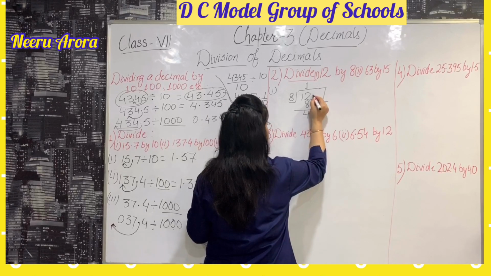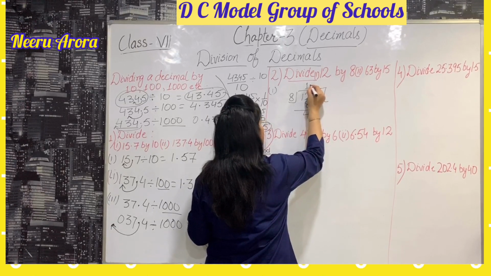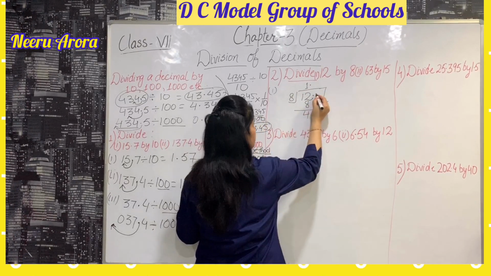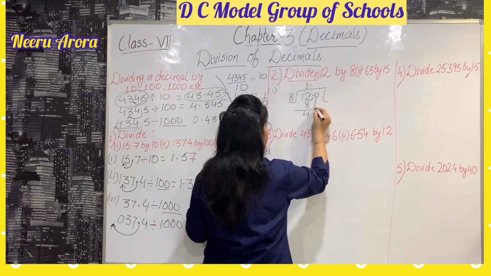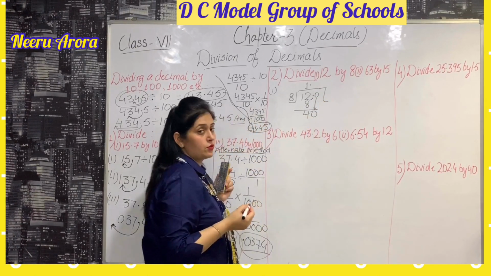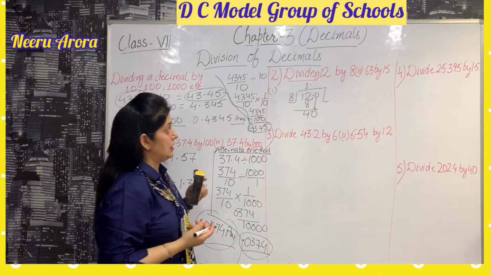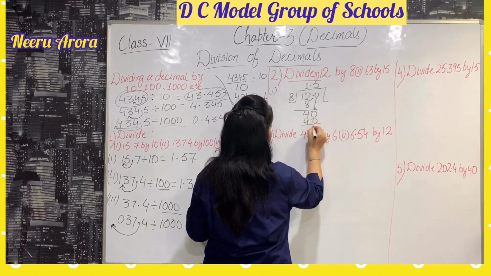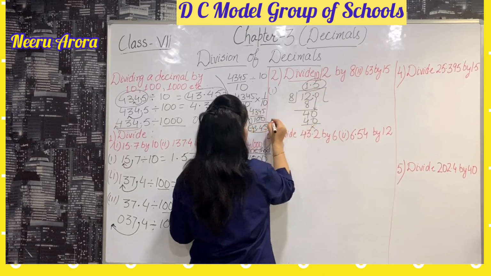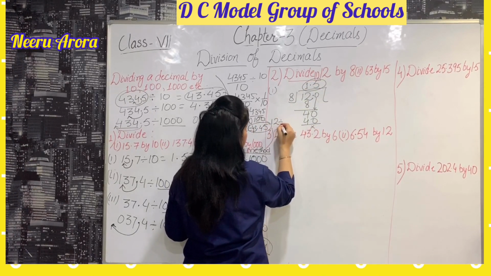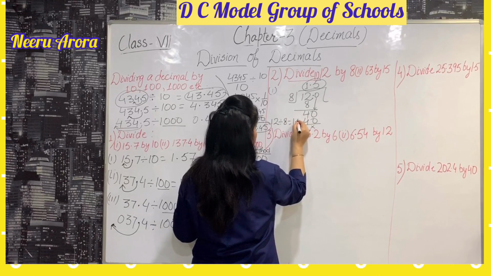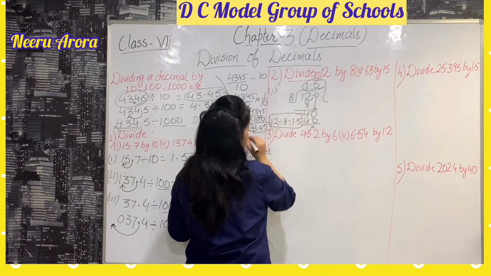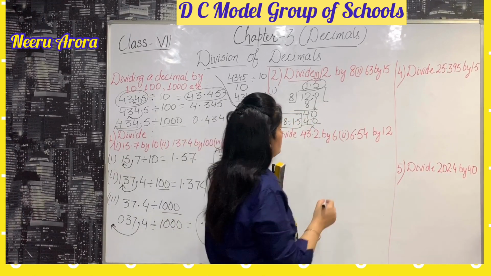We will put a decimal in the dividend as well as in the quotient, and after the decimal we will put 0. That comes down. This is the division rule we have done in our junior classes. So 8 fives are 40. So this is our answer, 1.5. So when we divide 12 by 8, we will get 1.5.